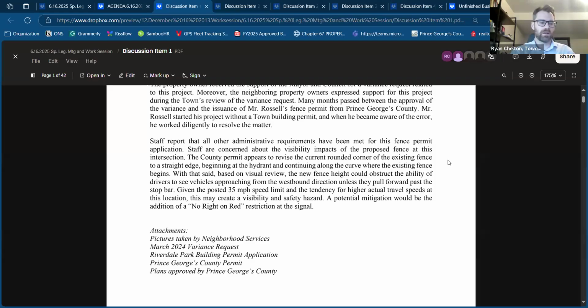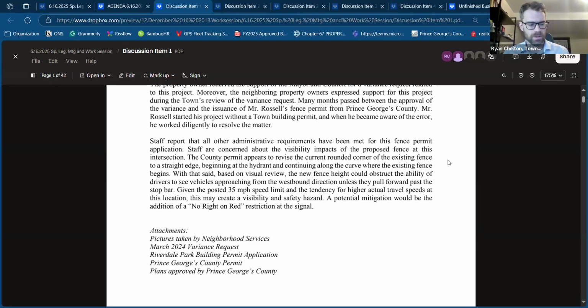I know that when I personally try to turn right on red at that intersection, heading from Taylor to East-West Highway eastbound, it's sometimes difficult to see the westbound traffic that's coming from further west on East-West Highway. And I actually spoke with the police department earlier today, the deputy chief, about this a little bit, and he also had some police department specific concerns that I thought were pretty notable.